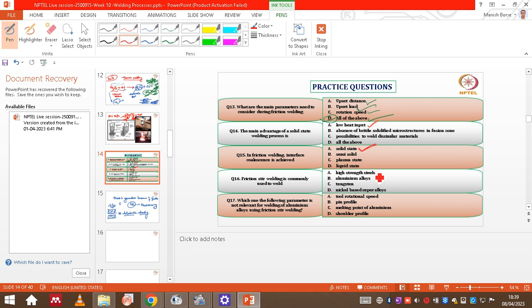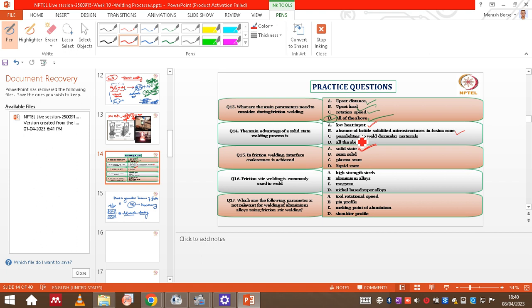Also, the absence of brittle solidified microstructure in the fusion zone. Yes, that is also correct, because even if we use higher power density processes like electron beam welding or laser beam welding, we have already seen that some intermetallic particles will segregate at the last solidifying region and act as crack nucleation sites, right?